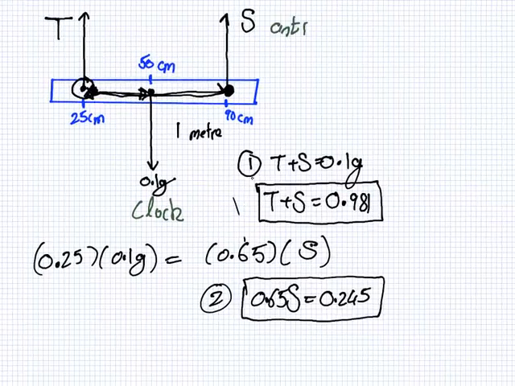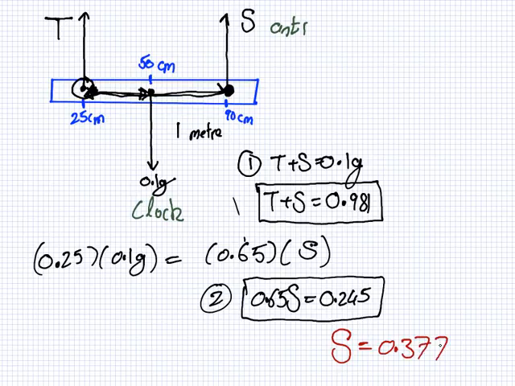Right, easy peasy, because what does this formula give me? I can get the S. And then I can put that in here to get the T. What do you call this problem in maths?